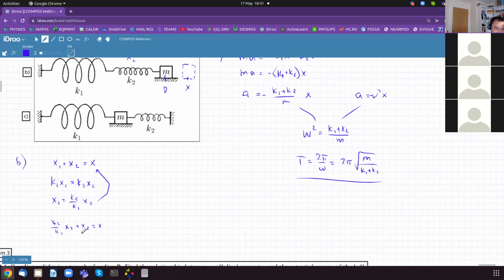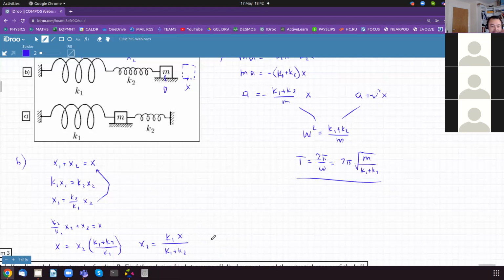In other words, x is equal to x2 multiplied by k1 plus k2 over k1, and x2 is equal to k1x over k1 plus k2.